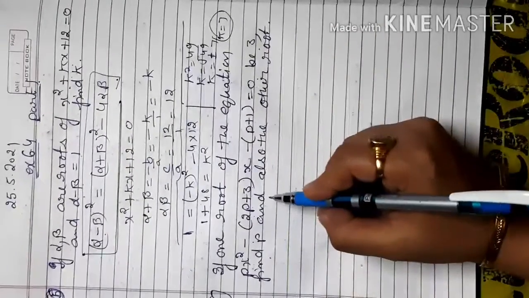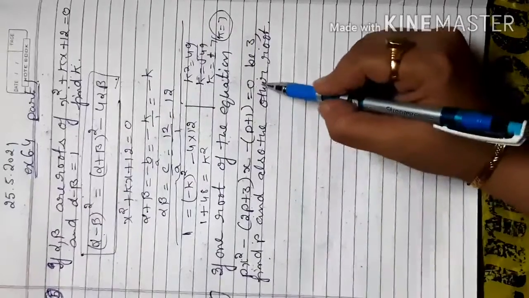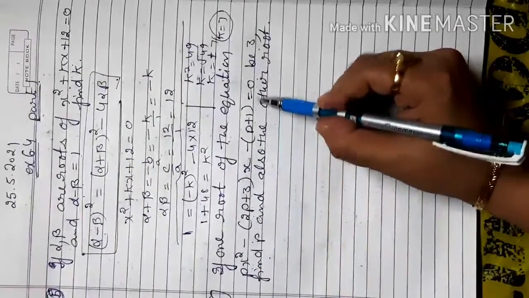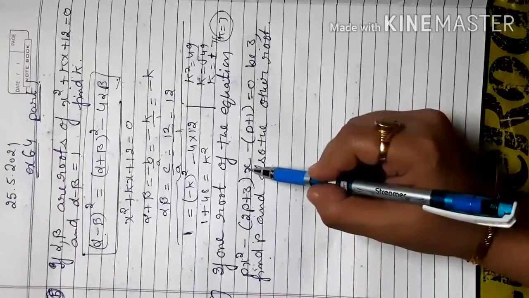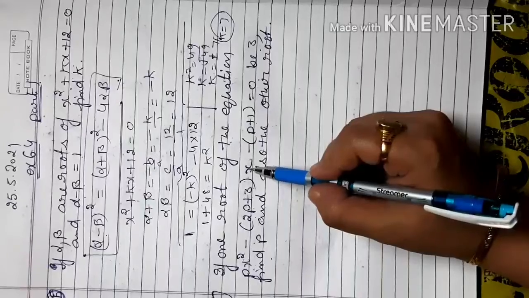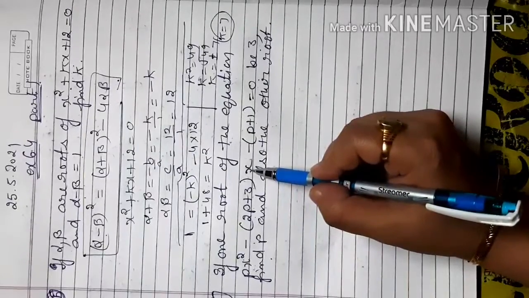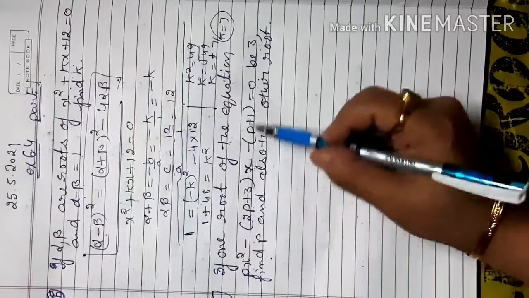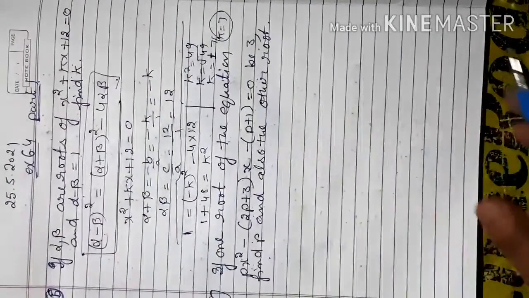So in this, if any root is given to you, that means if you replace the x value, the variable which represents your quadratic equation, with this root value, then your left side becomes exactly equal to your right side.